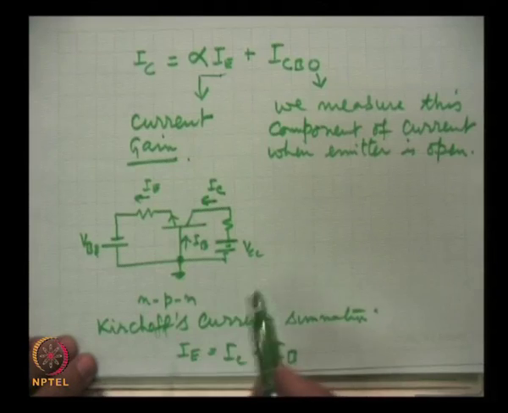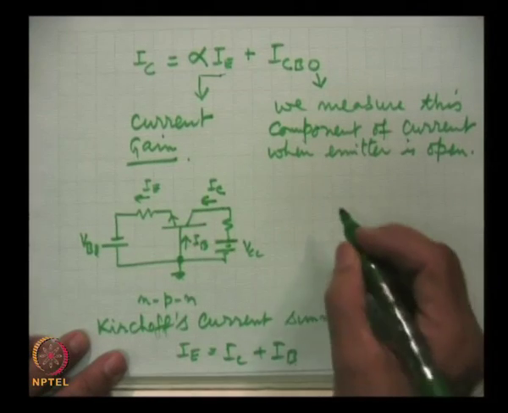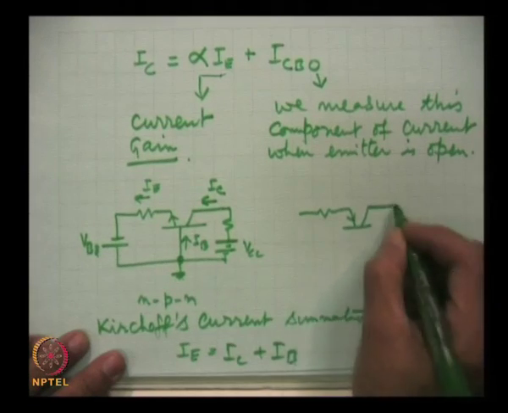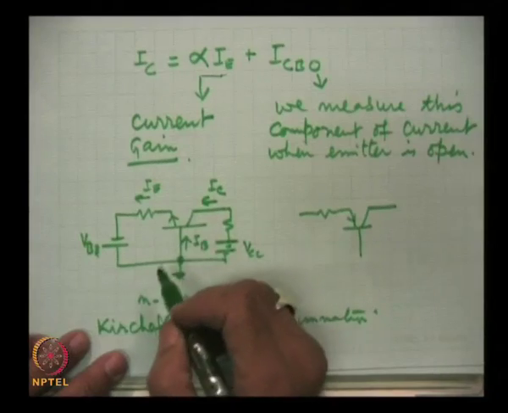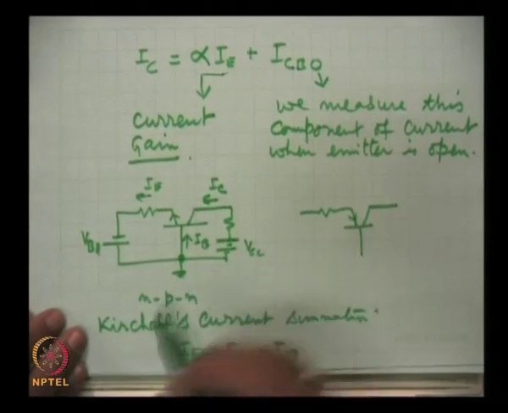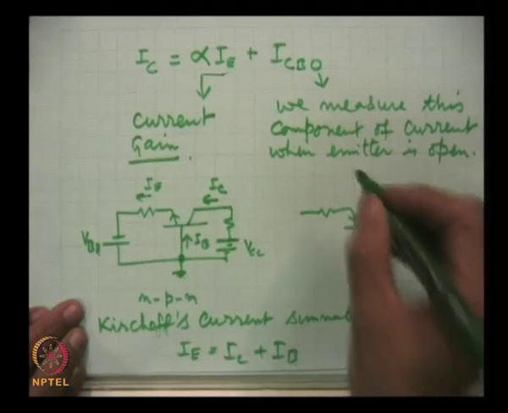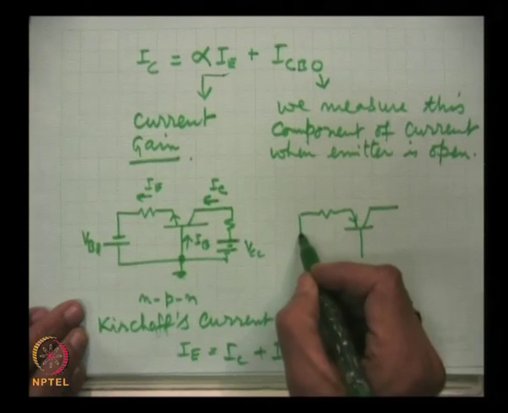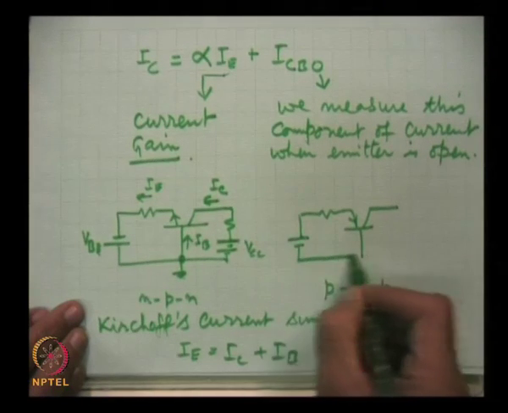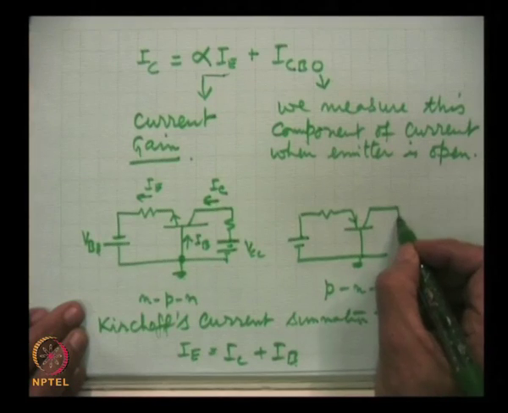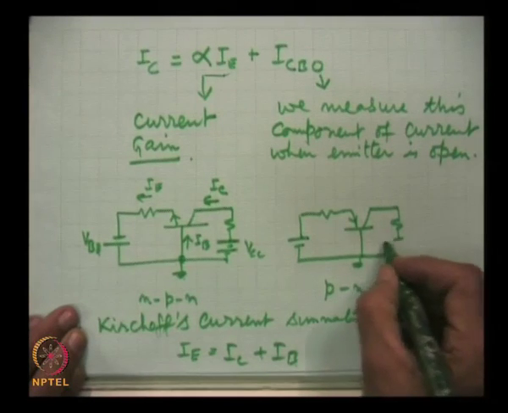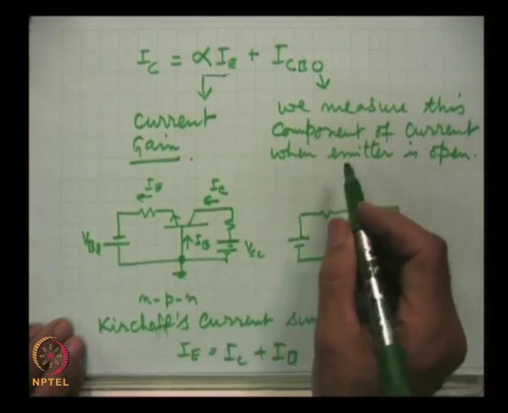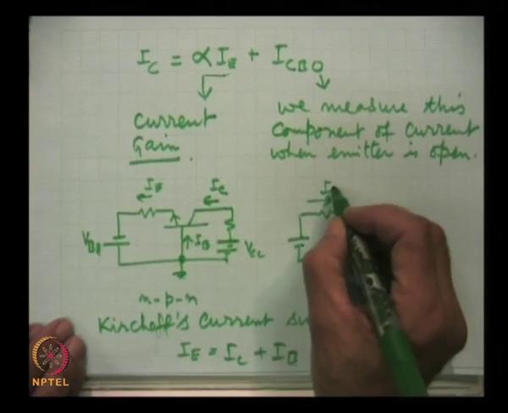Now, a similar circuit can be drawn with a PNP transistor. We will have to reverse the arrow direction. The direction of currents will be opposite to this, and the battery polarities, because now it is P and P, will also be changed. They are just opposite to what they were in this case, and this is I E, the hole current.